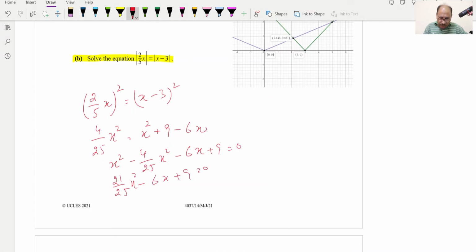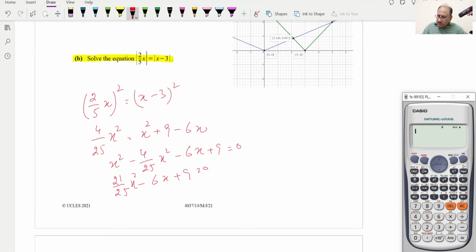And if we simplify this, we can factorize this one, mod 5, 3, and this will be the coefficient of x squared, 20. You can apply the quadratic formula also, or factorization, whatever you like. So this one, and minus 6 and 9 is the constant, so this one, and we will get 5 and 15 by 7.